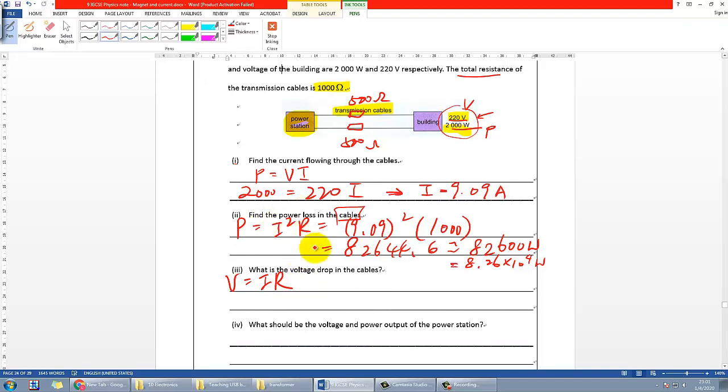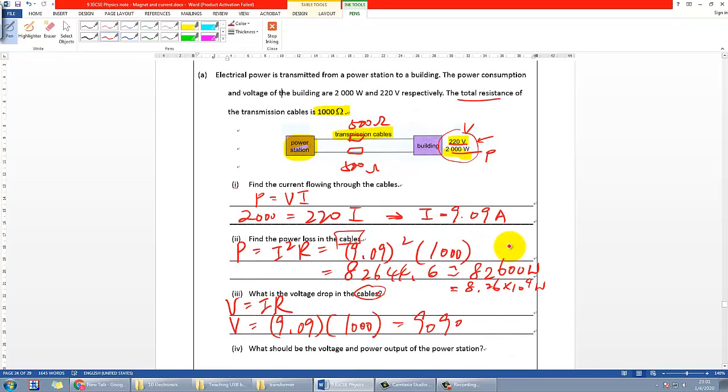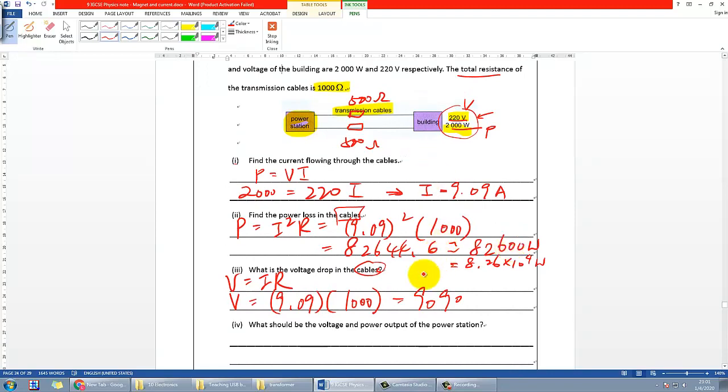So for V across both cables, we want to use the current, which is 9.09 from part 1. R is 1000, and therefore the voltage drop is 9090, and that will be the voltage drop.